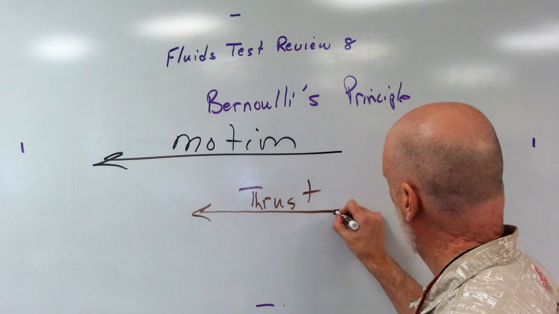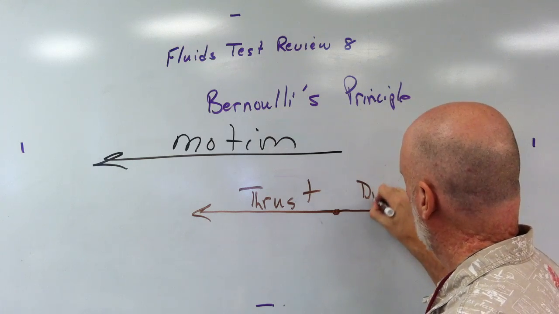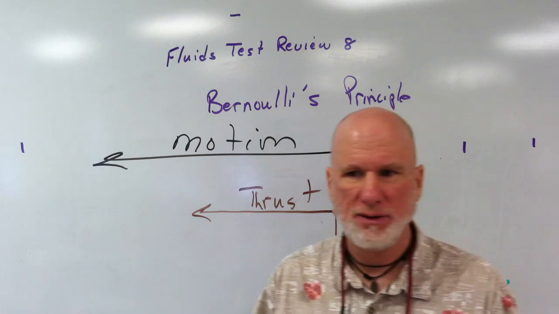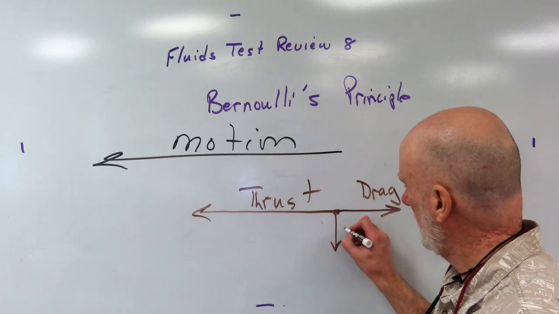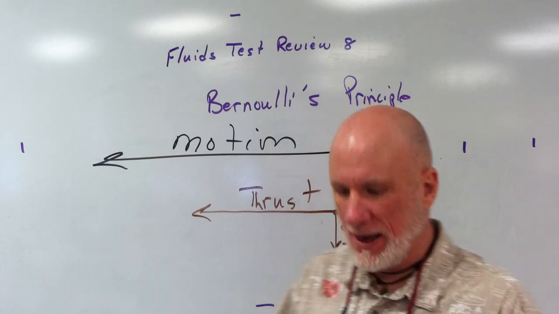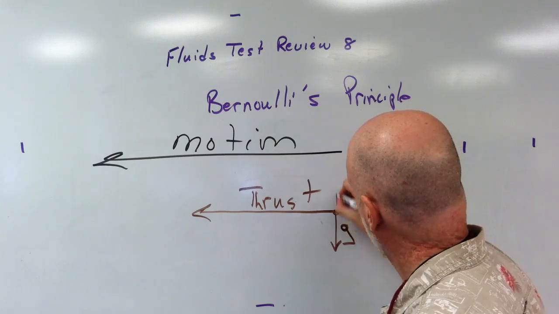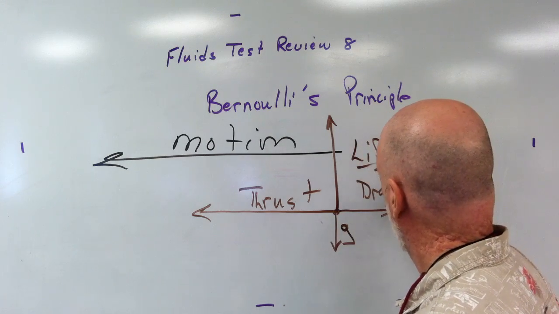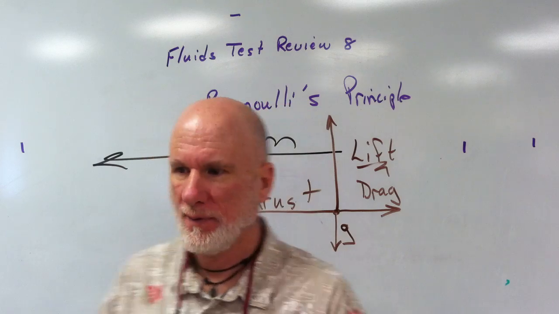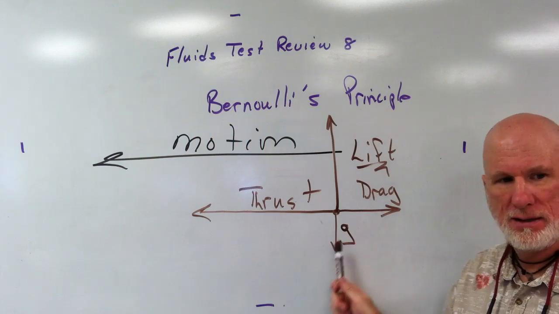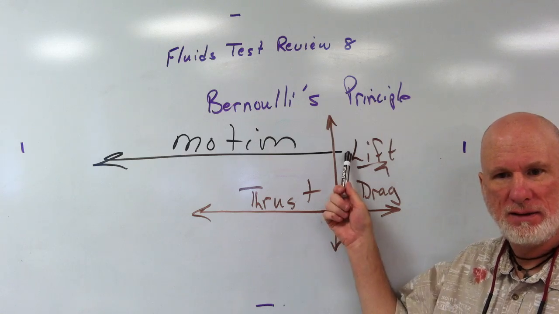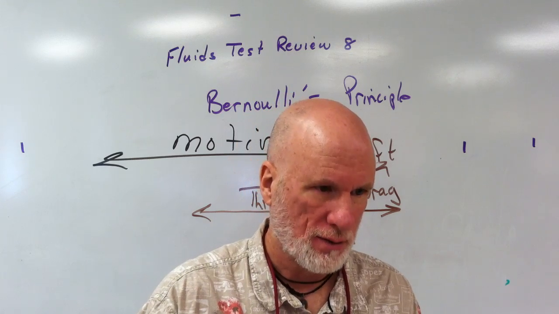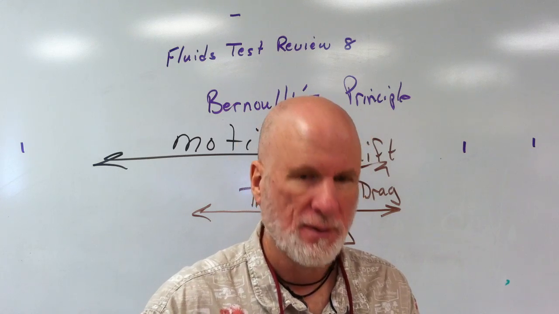What's the rear vector called? Drag. What's the downward vector called? Gravity. Correct. What's the upward vector called? Lift. You get it? Thrust, drag, gravity, lift. Yes? We're done. You sure? Yep. Positive. Okay. Bernoulli's principle.